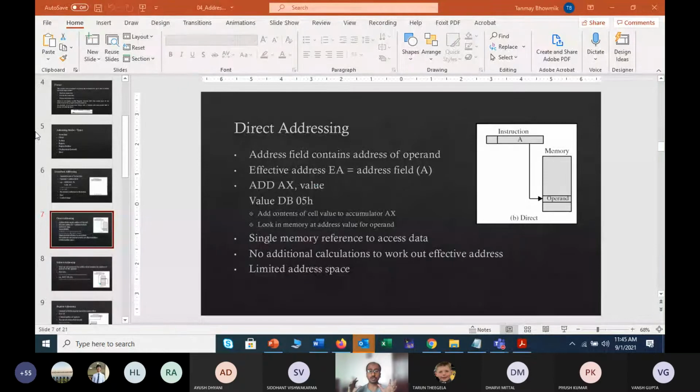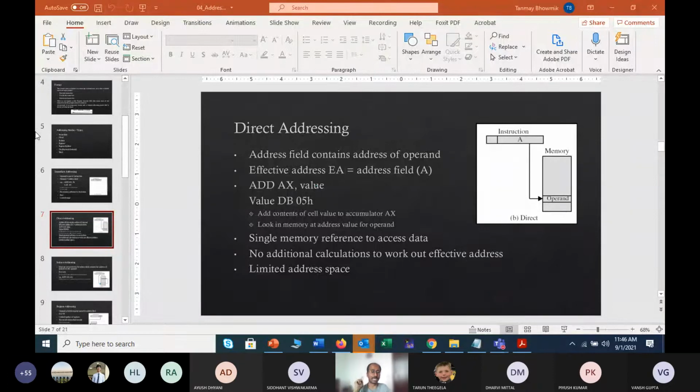Every time you will face the word where: where your data, where your instruction, where your memory, where your register. Those are related to location, so we should properly understand how these locational addresses are calculated. That is why we were studying addressing modes.